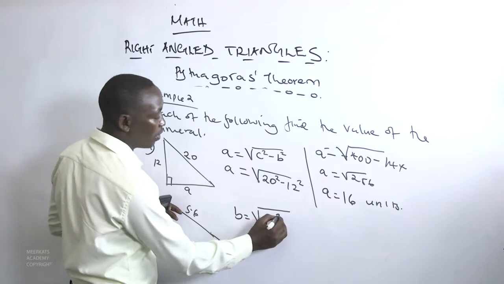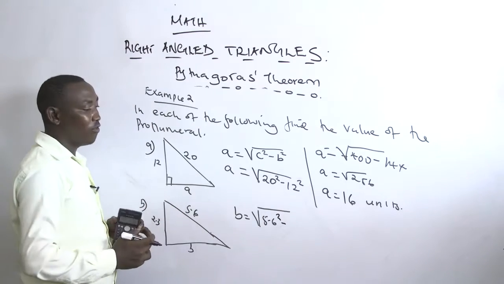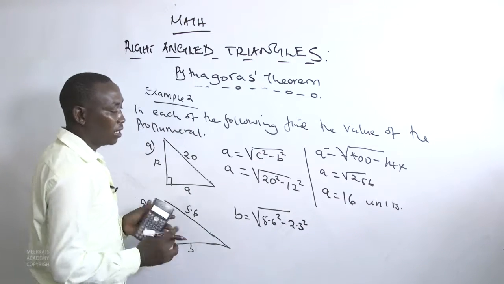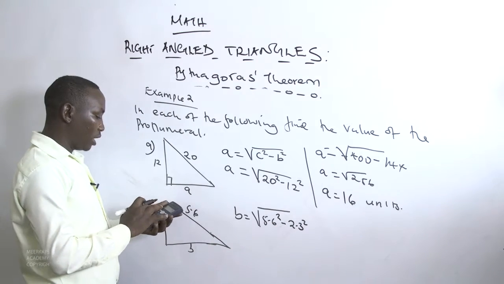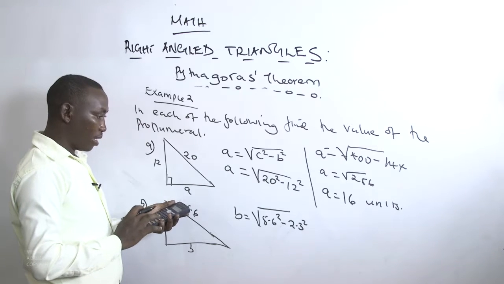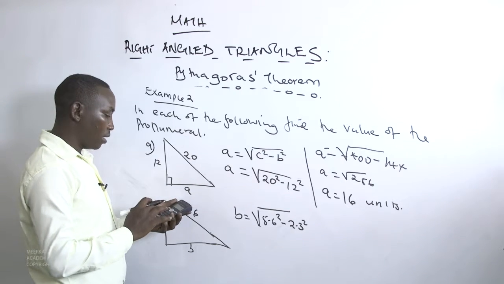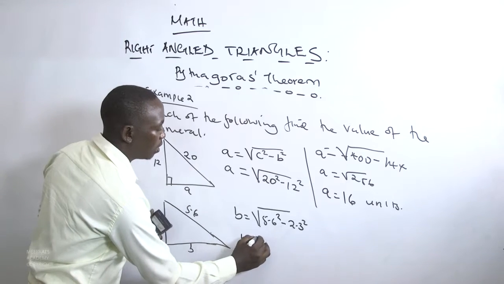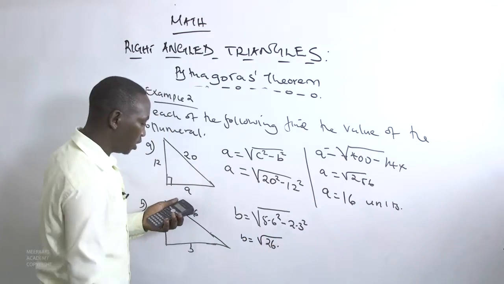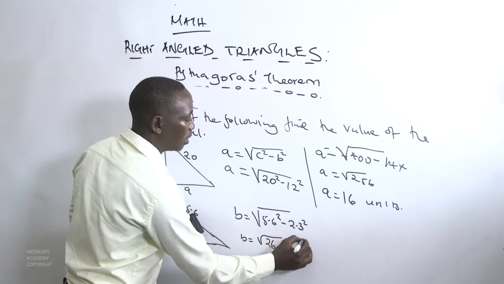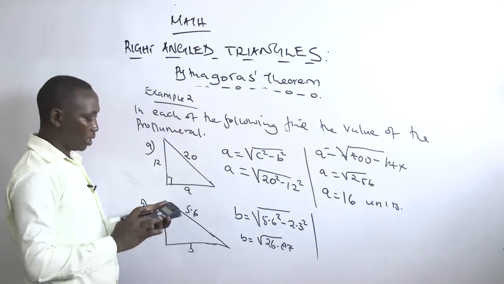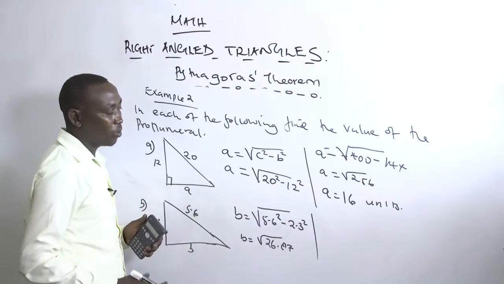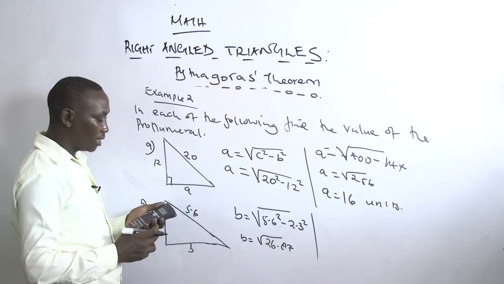We get 5.6 squared, and we subtract the length of one of the shorter sides, which is 2.3, squared. So the difference will give us the square root of 26.07 units.